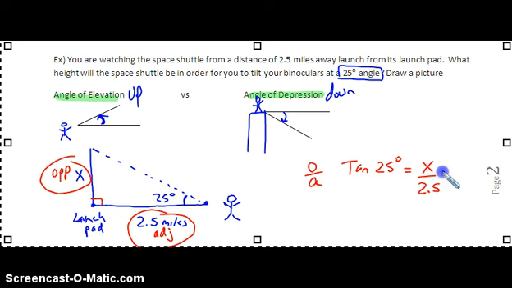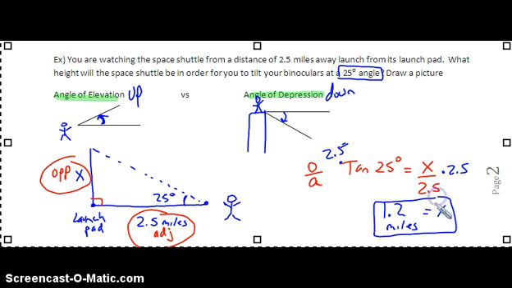And algebraically, to get rid of the 2.5, we would multiply. So 2.5 times the tangent of 25 degrees, again making sure the calculator is in degree mode, would be about 1.2 miles. So the space shuttle would be about 1.2 miles in the air when you're looking up at an angle of 25 degrees.